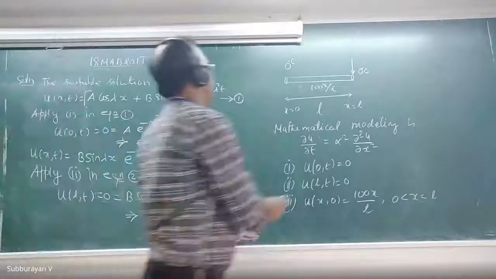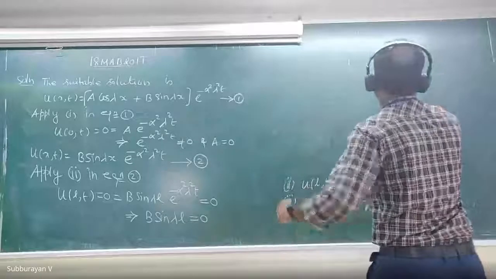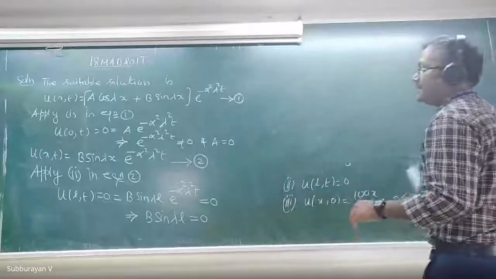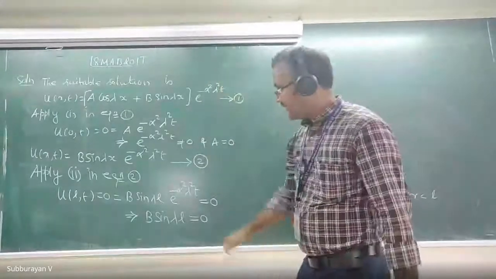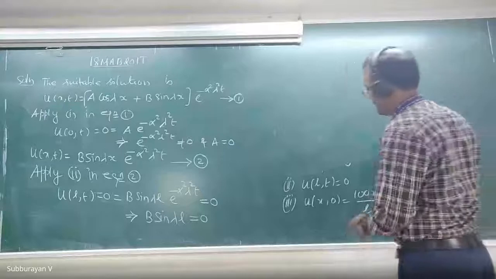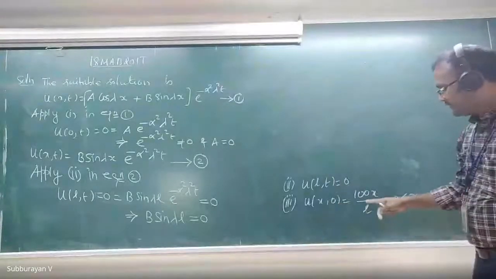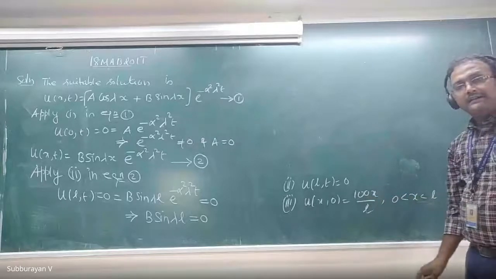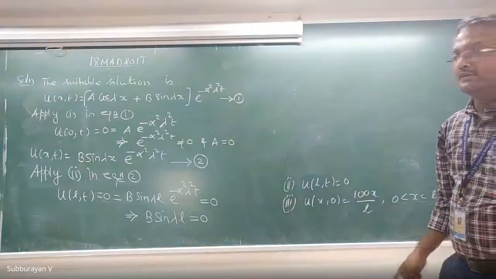If b sin lambda L equal to 0, there are two possibilities, either b equal to 0 or sin lambda L equal to 0. If we assume that b equal to 0, then your function is going to be a zero function, but we have some non-zero condition at t equal to 0, so we should not assume that b equal to 0.